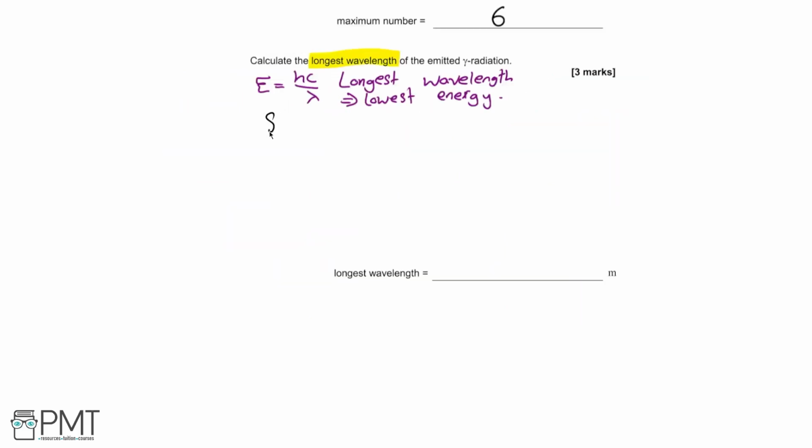So then, the smallest energy difference is between levels 3 and 2.